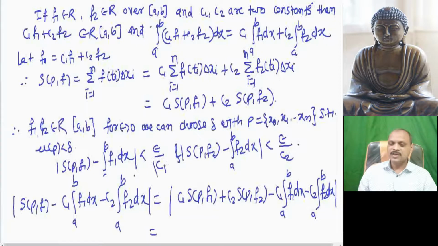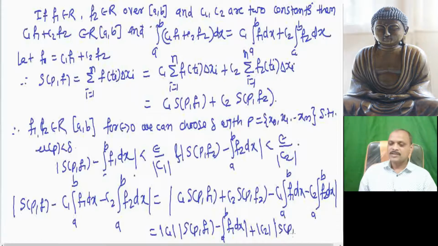This is equal to this. Here we take it as a mod. If we take it as mod values, here mod of c1 into mod of SPF1 minus integration of f1, c1 is common, integration a to b, plus mod c2 into mod of SPF2 minus integration of f2 between the limit a to b.